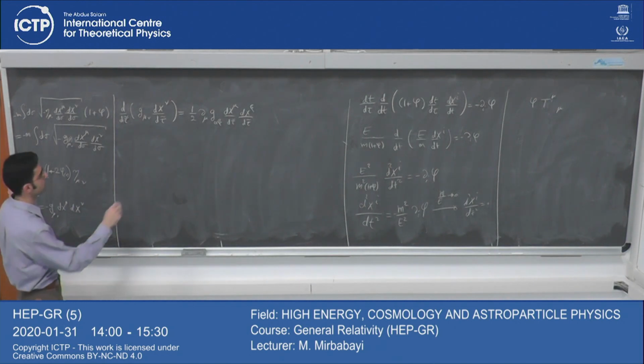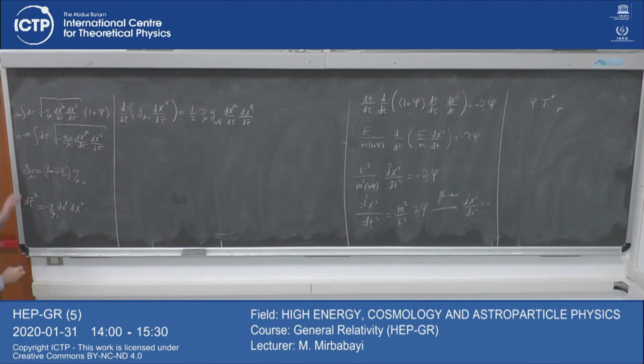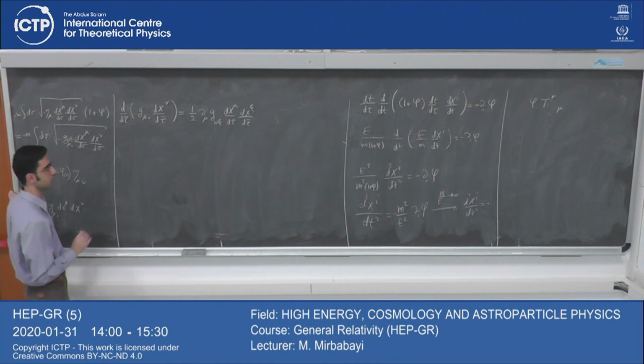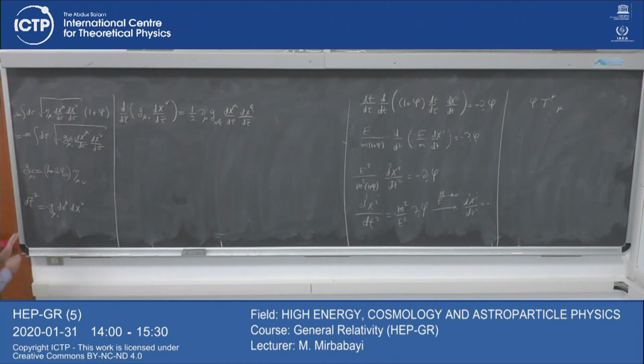Then that's how the equation of motion is going to look. So now we can check that if we plug in this expression for G mu nu, we are going to recover the same answer as before. Maybe this is an exercise for you.